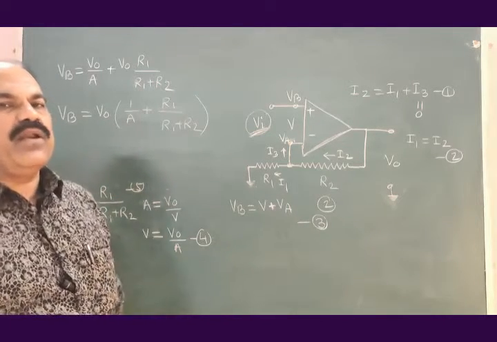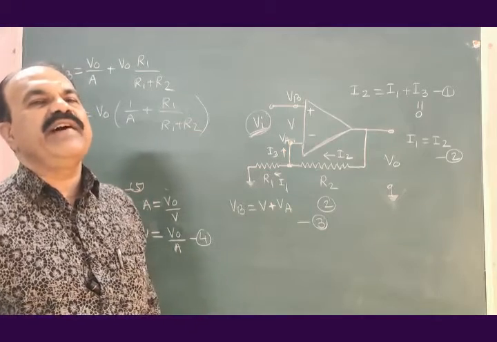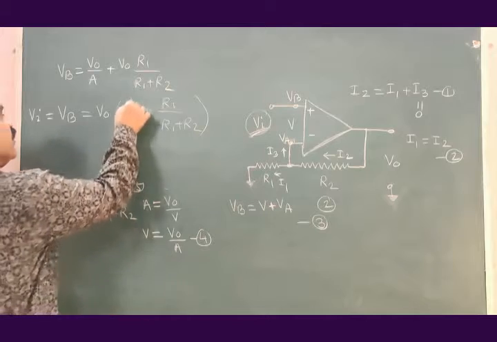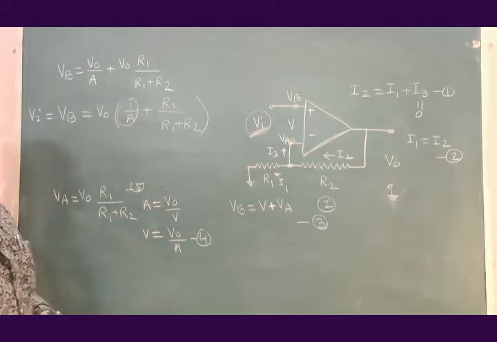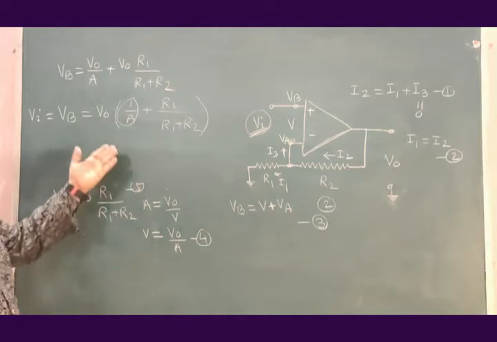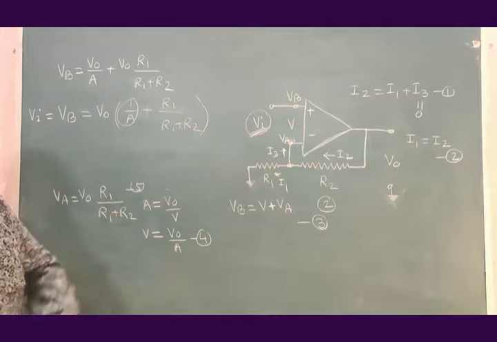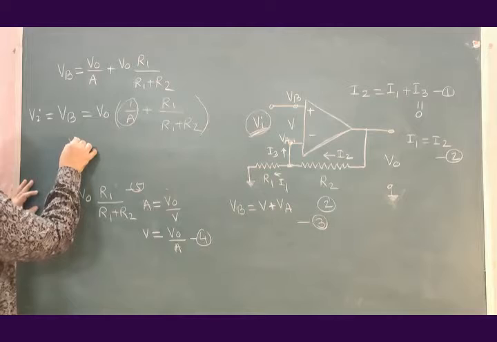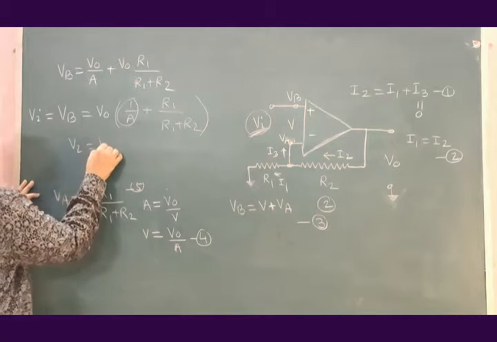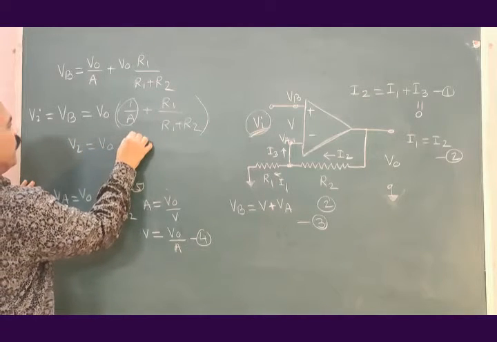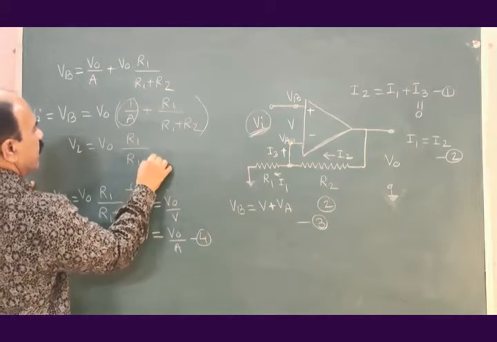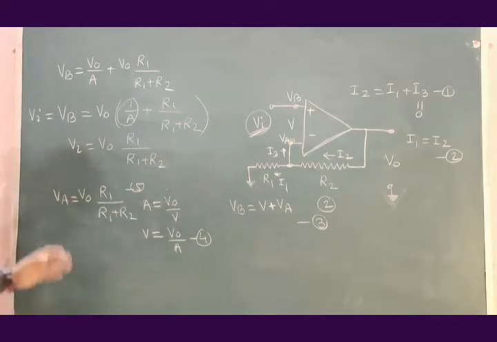Open loop gain of an operational amplifier is infinite. 1 divided by infinity will become 0. And what is left? Vo into R1 divided by R1 plus R2. So we got Vi is equal to Vo into R1 divided by R1 plus R2.